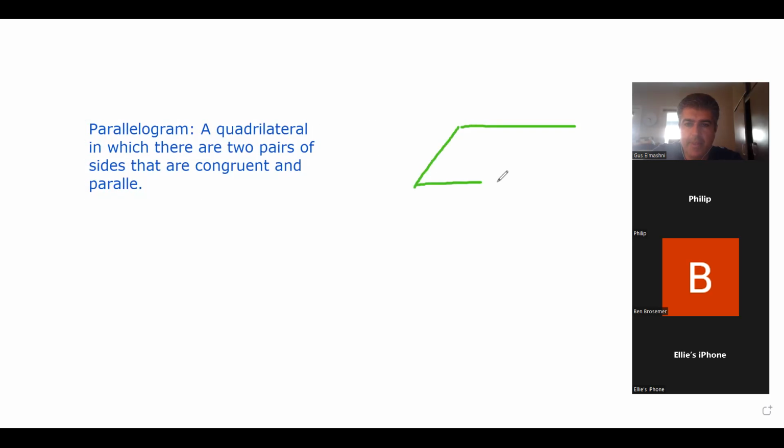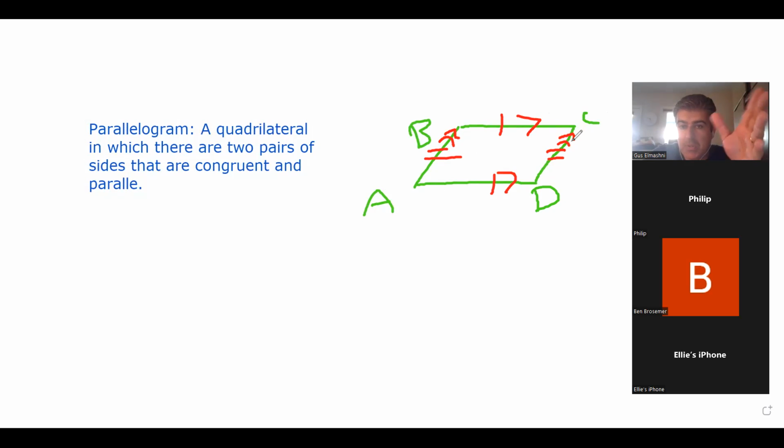A parallelogram could look like this, right? As long as, and let me label A, B, C, D, you have 2 pairs of sides that are congruent and parallel. Okay. So the dash means they're congruent. The arrow means parallel. So therefore, AB is congruent to CD.